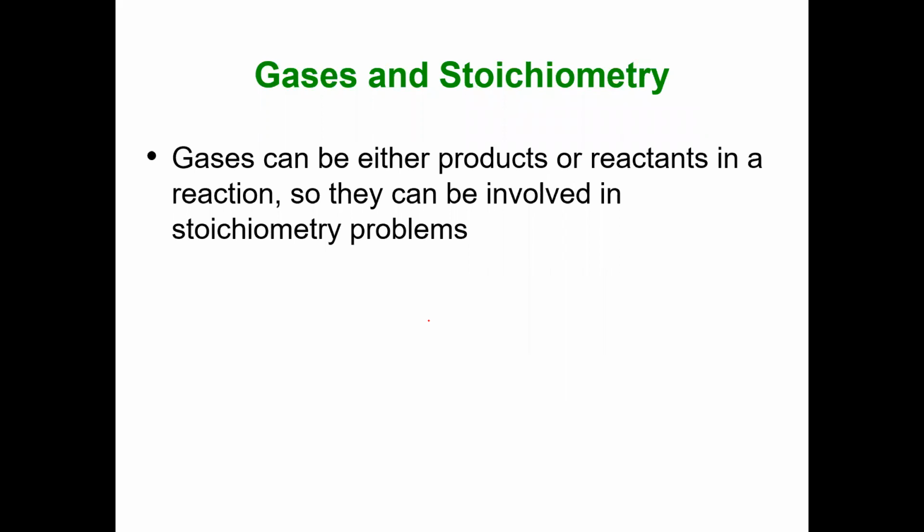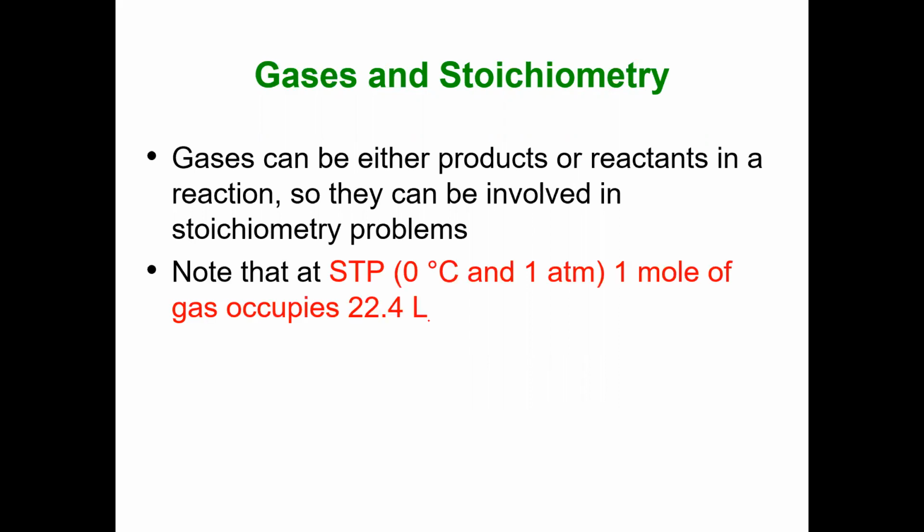So gases can either be products or reactants, and they're involved in these stoichiometric problems. But the only way to use that conversion factor is to make sure that the conditions are under STP. Again, I like to say instead of 0 degrees Celsius, 273 Kelvin, because when we deal with gases, we're always using the absolute temperature scale of Kelvin.